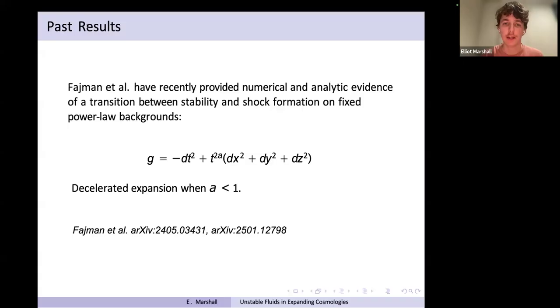So in particular, they're looking at spacetimes of this form. So it's an FLRW type spacetime, and their scale factor quantity is this power law, t to the 2a. So they have decelerated expansion when a is less than 1. So that's the case that we're first interested in. And I should mention that their results are both available on arXiv right now.